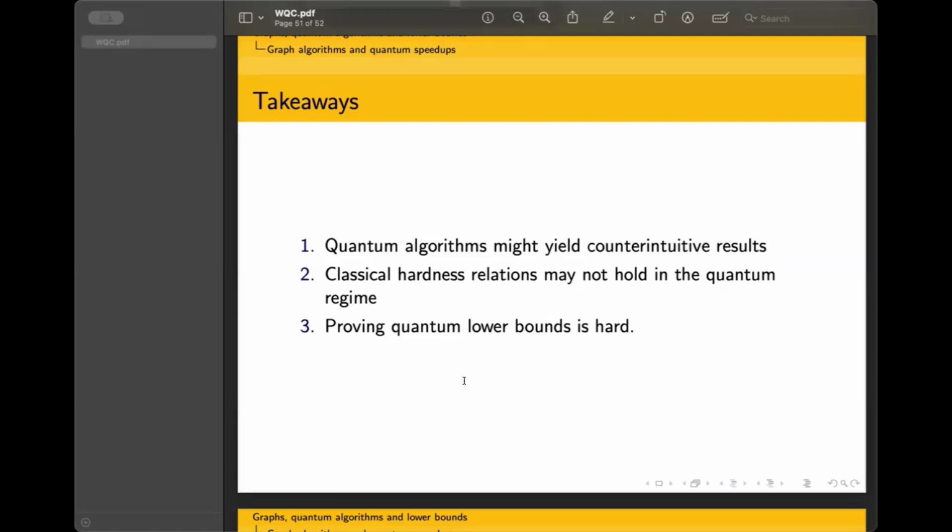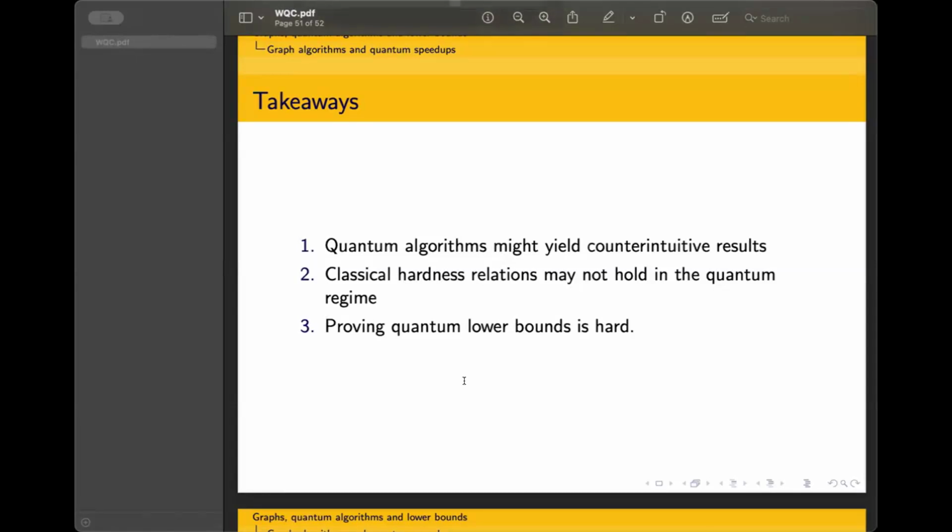So the key takeaways, if you just happen to register for this talk out of generic interest in quantum algorithms, are that quantum algorithms might yield very counterintuitive results. I refer to the path detection algorithm especially, where you can solve ST connectivity without finding a path between two vertices.